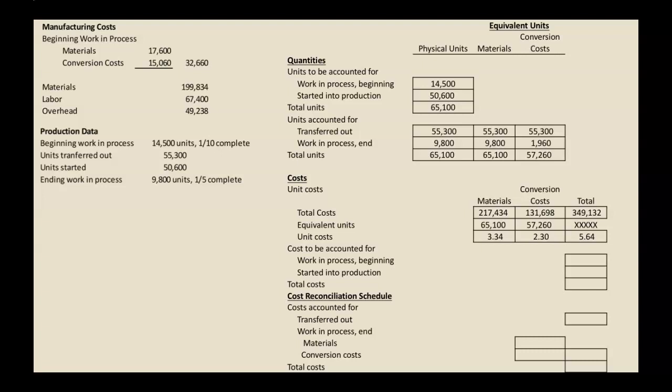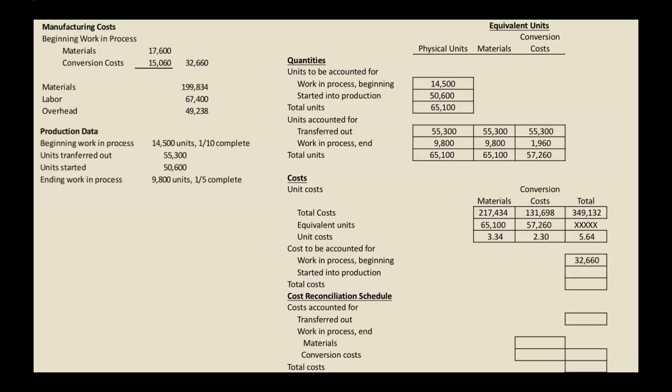Now we can move on to the next part. We need to know the cost to be accounted for in our work in process beginning. So our beginning work in process, that's up at the very top of our manufacturing cost information. And we see that the total in our beginning work in process is $32,000. They get that by adding together the materials and the conversion costs amounts. Now, what did we start into production? Well, this is going to be the materials, labor, and overhead that are listed below your beginning work in process.